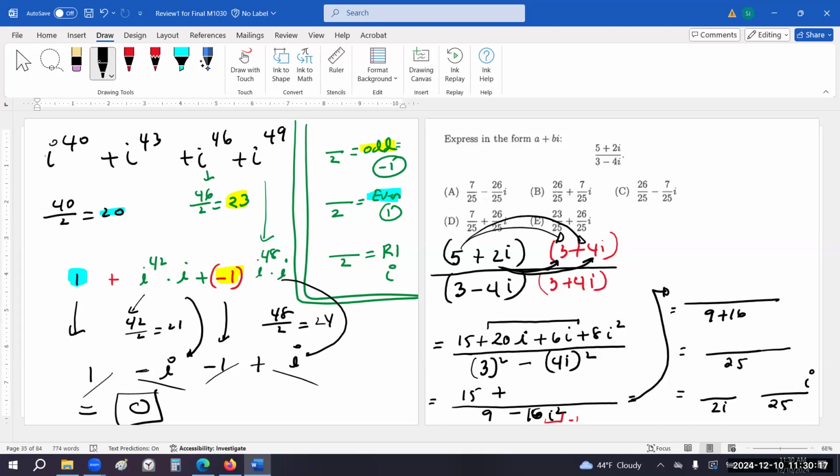Combining the i's, what do we have? 26i. And what happens to the i squared? Negative 8. Now we have 15 and negative 8, so 7 plus 26i over 25. So 7 plus 26i. Which choice? C. D.